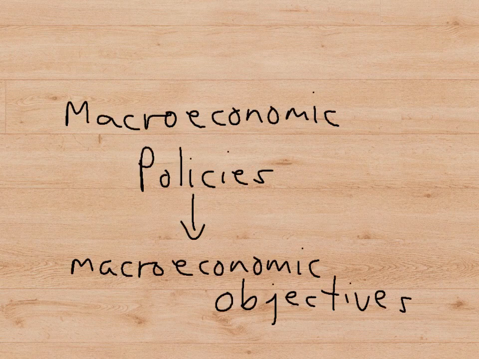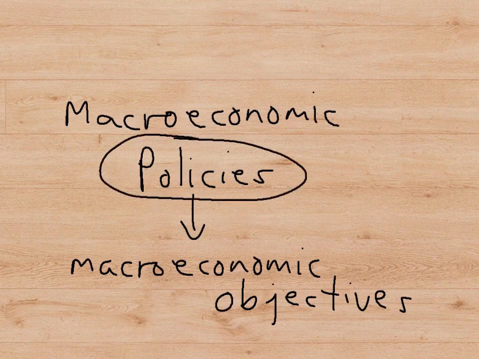Now, one last thing that we should mention here is that in studying macroeconomics, we're also going to be studying macroeconomic policies. These are tools or steps that we take as a government or as a central bank in order to achieve certain macroeconomic objectives, namely economic growth, a low level of unemployment, a low and stable inflation rate, and long-run balanced trade.